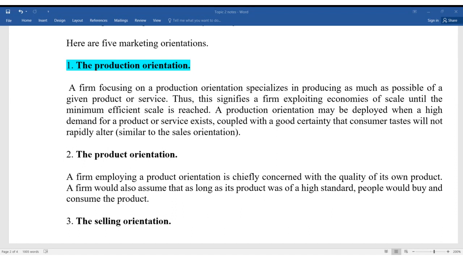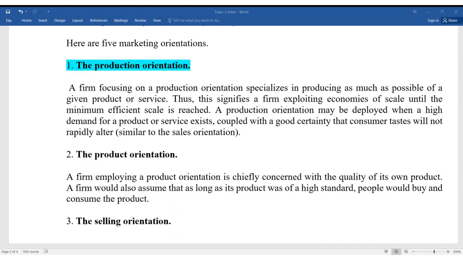This one you will be able to do later on. Now, I want us to replicate all this to the other orientations. The next one is the product concept.